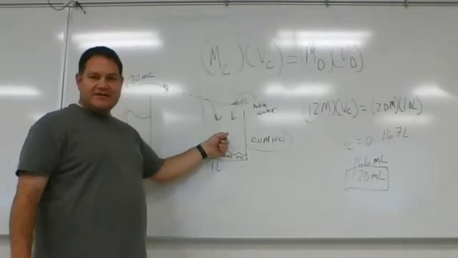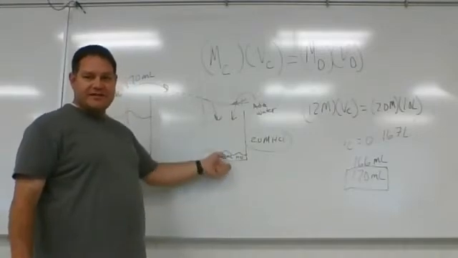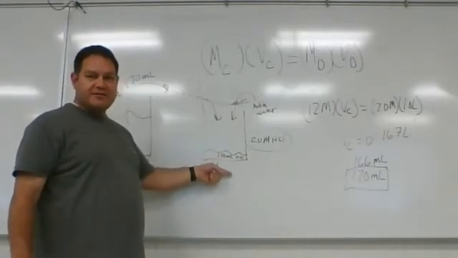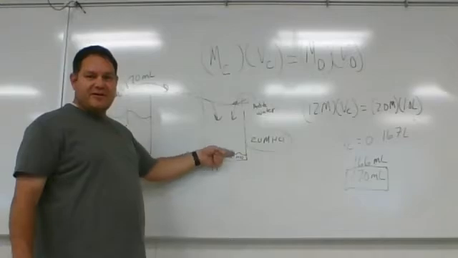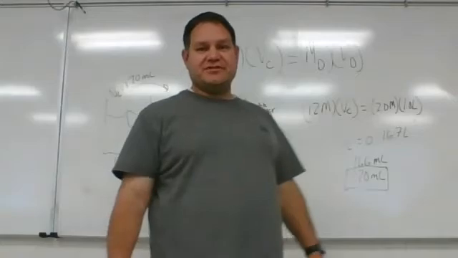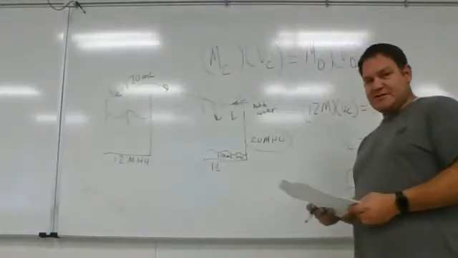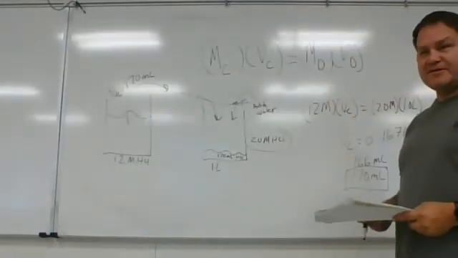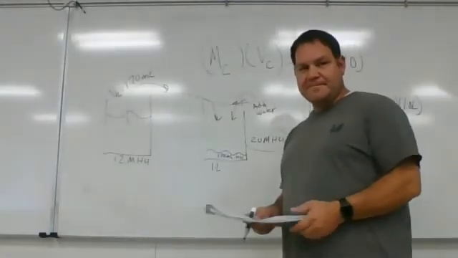Put that into another volumetric flask, just pour it in there, and then the rest of the volume is added by water. So you just add water up to that mark and you're done, and you have your dilution. It's pretty easy, as far as making dilutions go.